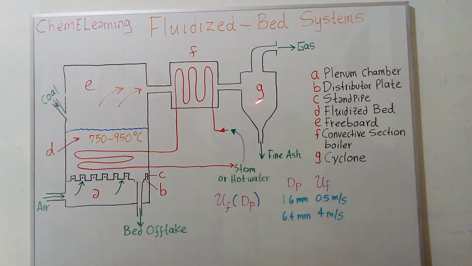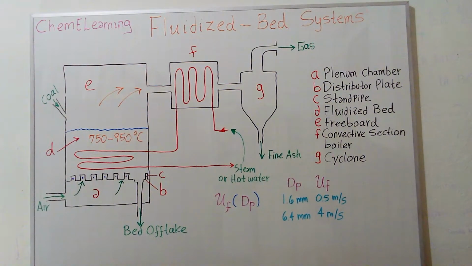They are not shown here, but they are usually between the cyclone and the convective section boiler. This is like a heat exchanger where the steam or hot water exchanges heat with the flue gases, and it gets hotter also as it passes through the fluidized bed.